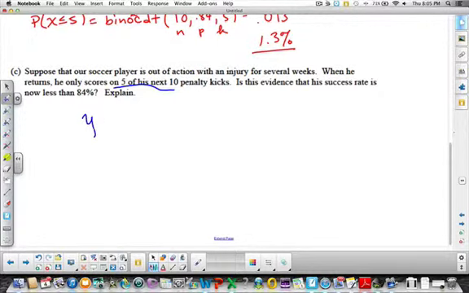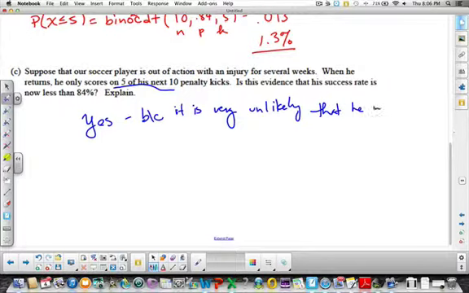And I would suggest that the answer is yes, because it is very unlikely that he will score only 5 out of 10, or she, if his actual score rate was 84%.